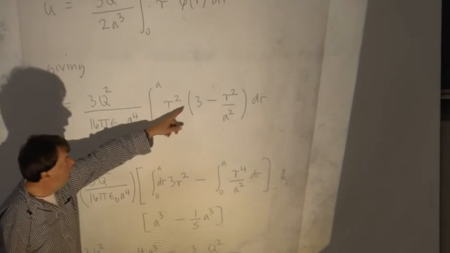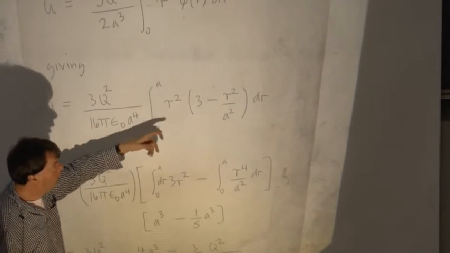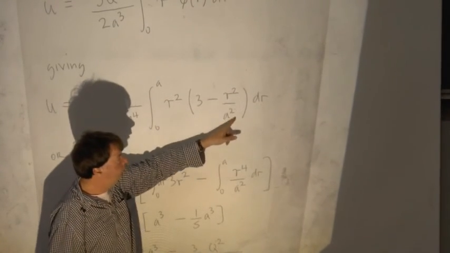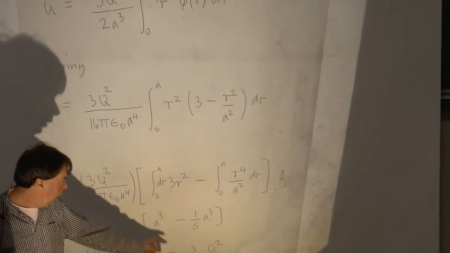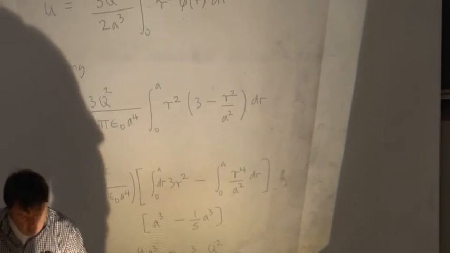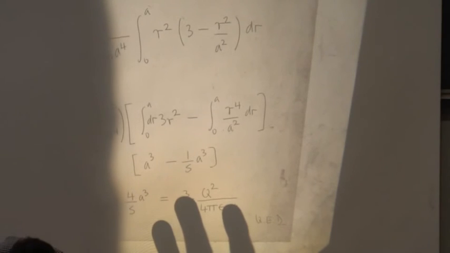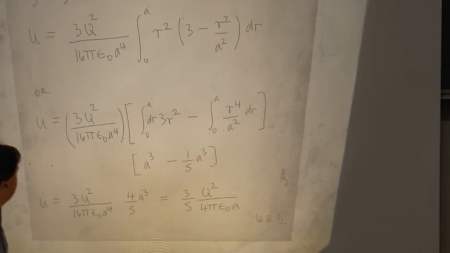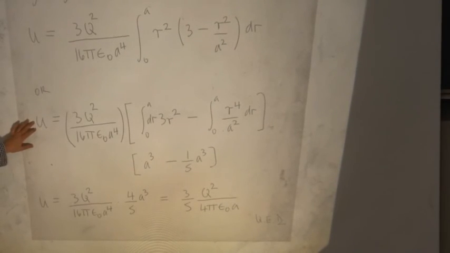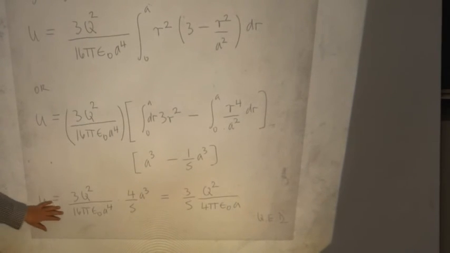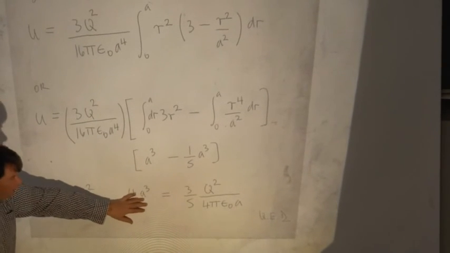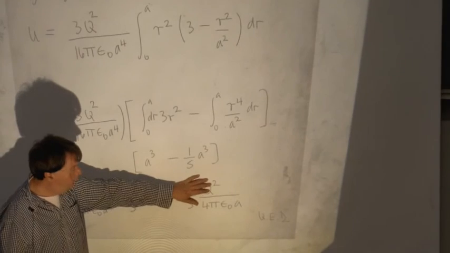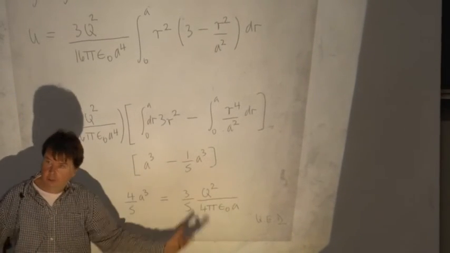You've got an r squared integral here, which gives you a third r cubed, and you've got an r to the fourth integral here, which gives you a fifth of r to the fifth. And then when you substitute into this expression, you get U, surprise, surprise, as 3/5 q squared over 4 pi epsilon naught a.